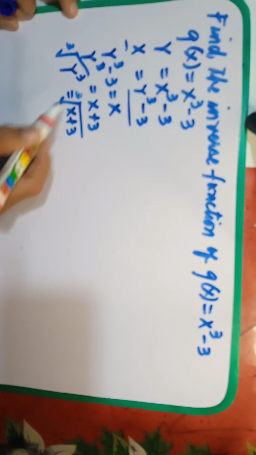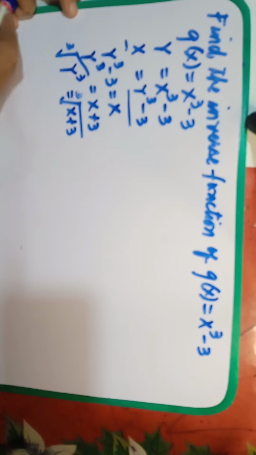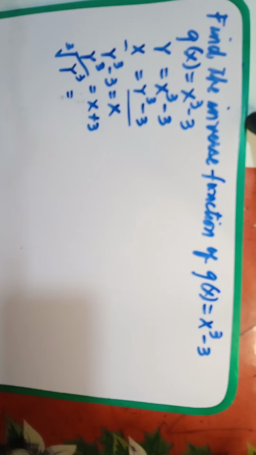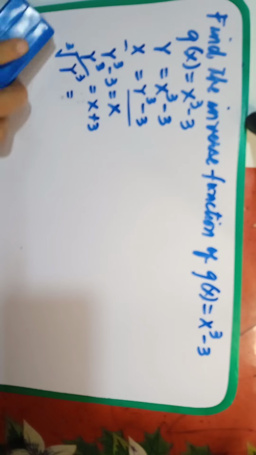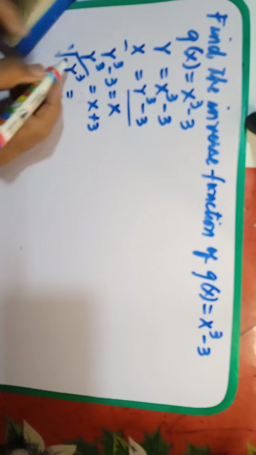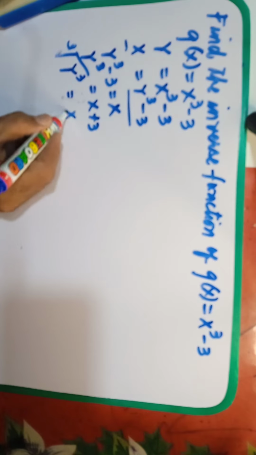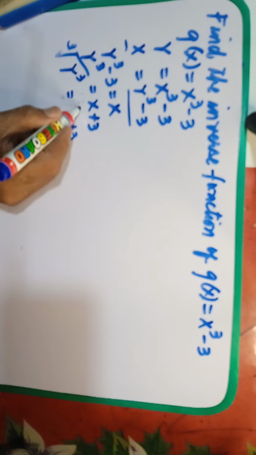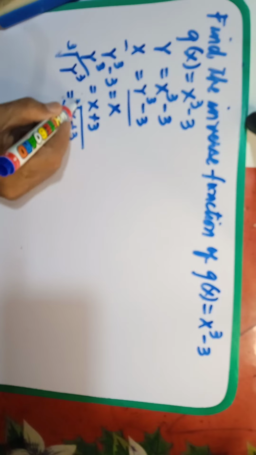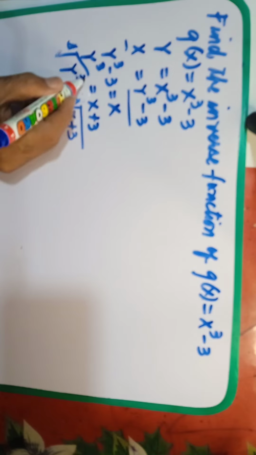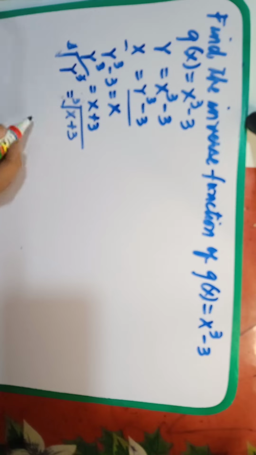Extracting the cube root of y cubed, x plus 3. This is the cube root. So here we cancel the cube by the cube root.